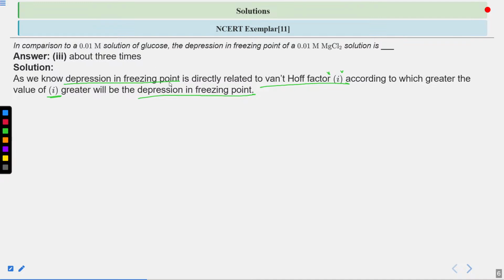The question asks about the depression in freezing point, and depression in freezing point is directly related to the Van't Hoff factor, which is small i. If the Van't Hoff factor is greater, the depression in the freezing point, the temperature drop we are calling depression in freezing point, will also be greater.